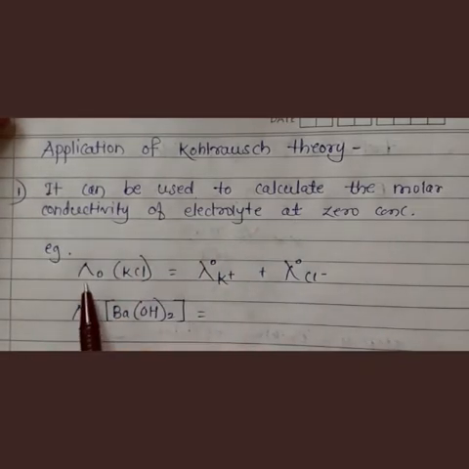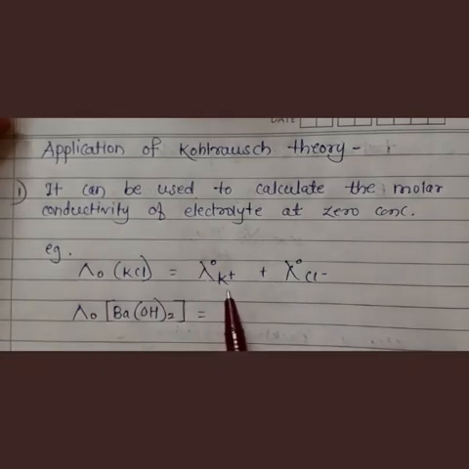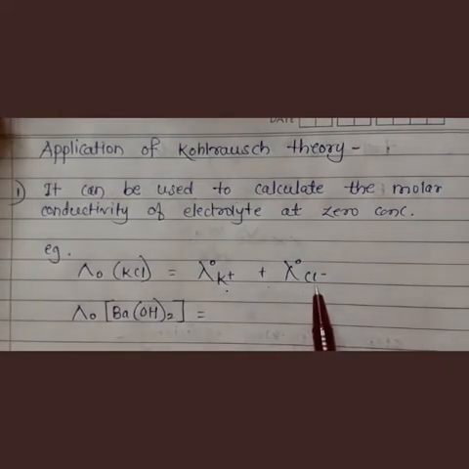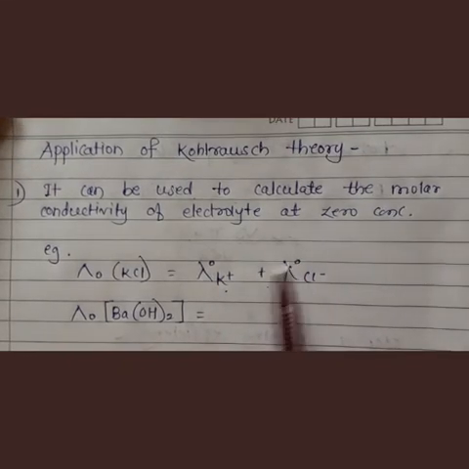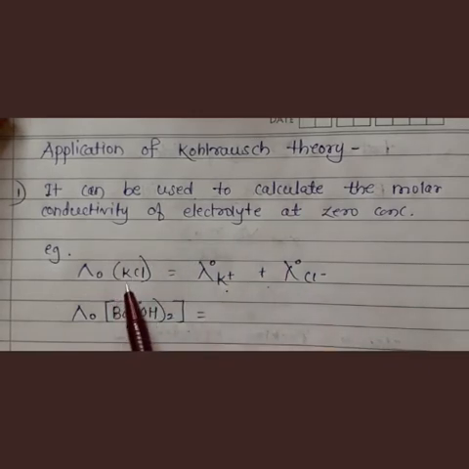For example, the molar conductivity of KCl at zero concentration or infinite dilution is equal to the molar conductivity of K plus ion, the cation, plus the molar conductivity of Cl minus, the anion, at zero concentration. So if you know the molar conductivity of K plus and of Cl minus, by using this formula you can find out the molar conductivity of KCl at zero concentration.